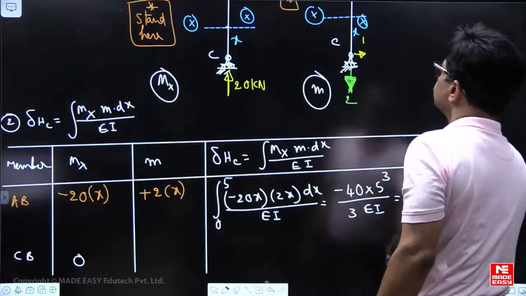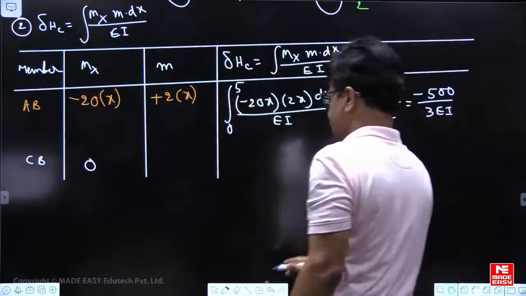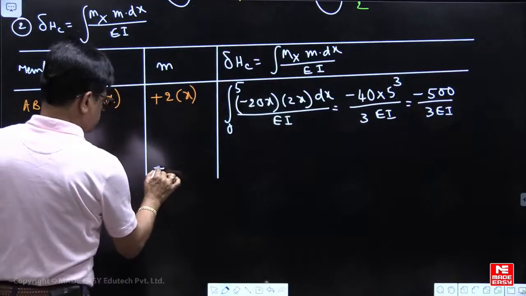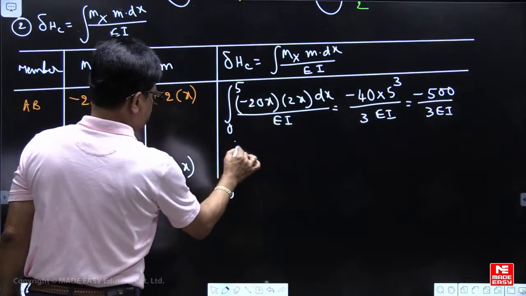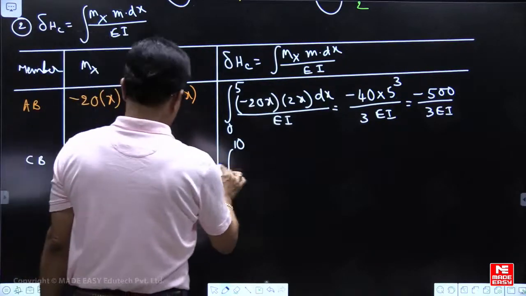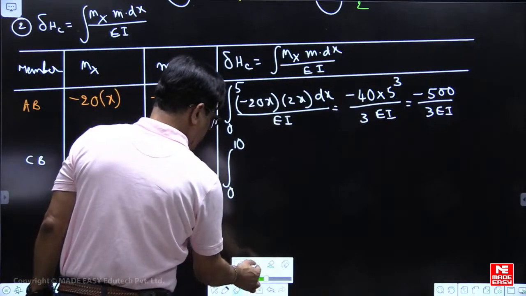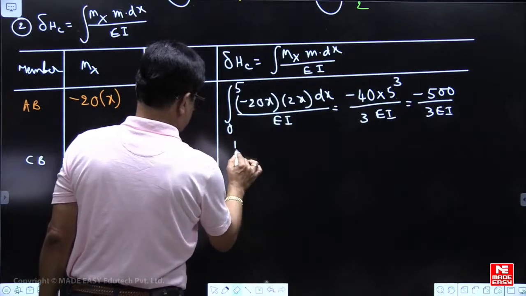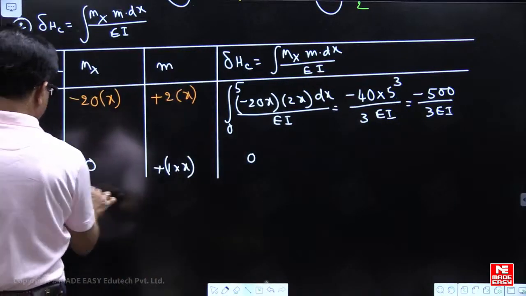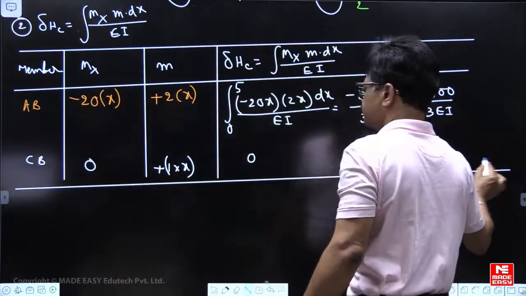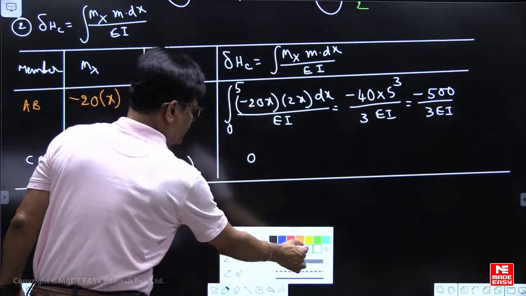Small m plus 1 into x. Limits of integration 0 to 10. Once it is 0, we don't have to write anything. This becomes 0 to save our time. So you will get delta HC.